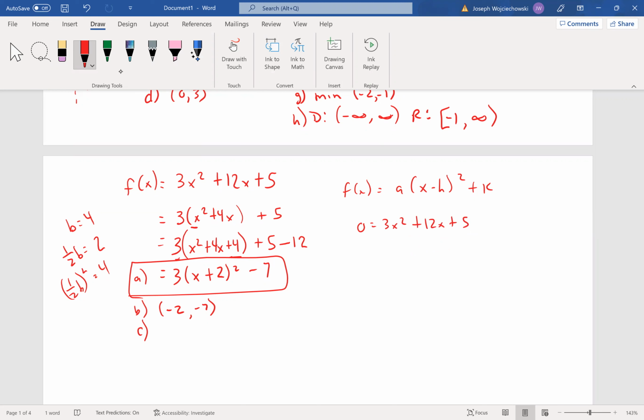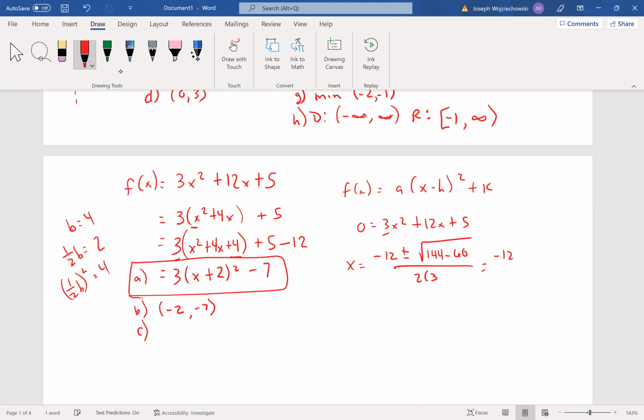So now I can use my quadratic formula. x equals -b, which is 12, plus or minus square root of 12 squared, which is 144, minus 4 times a, so that's 12, times 5, which is 60, all over 2 times a.